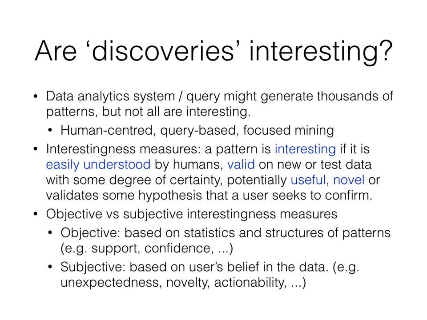So we can define interestingness measures, and we can say a pattern's interesting if it's easily understood by humans, if it's valid on new or test data with some degree of certainty, and if it's potentially useful or novel or validates some hypothesis that we're seeking to confirm.